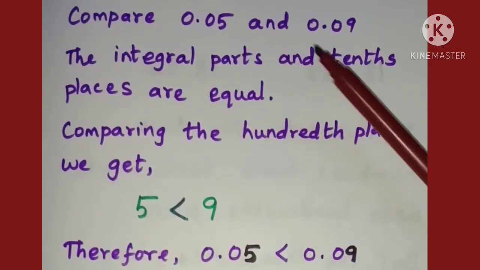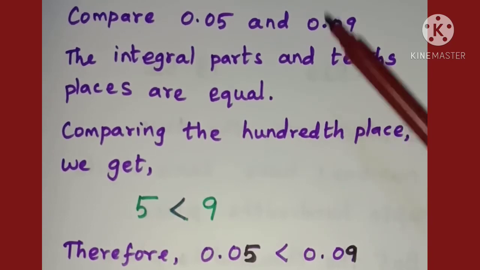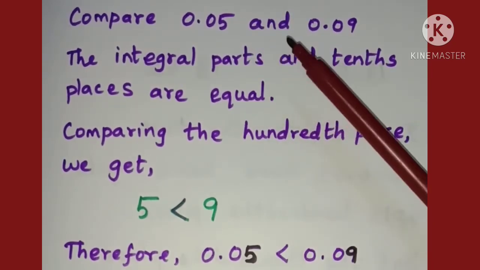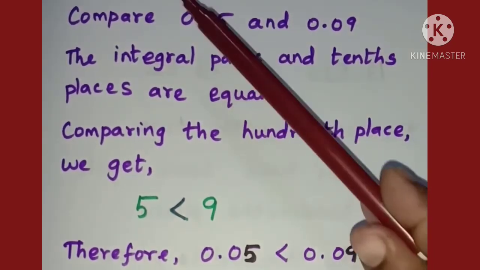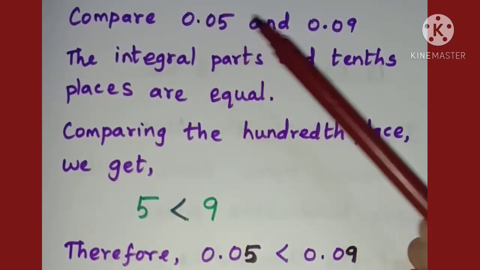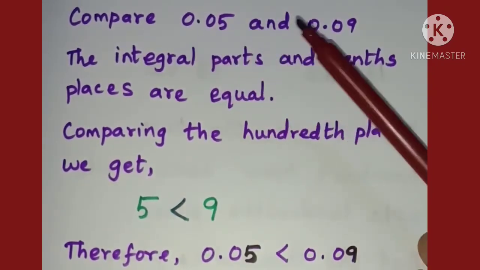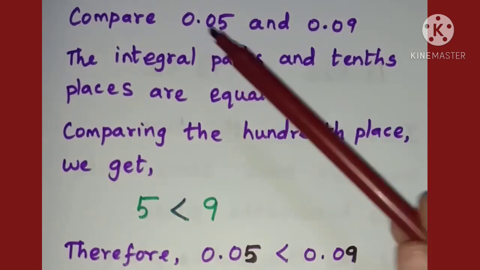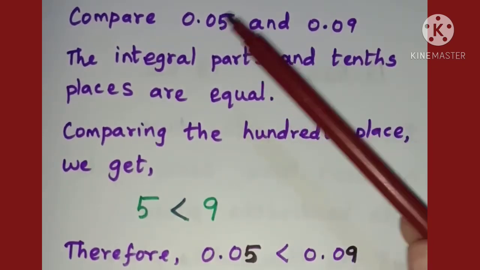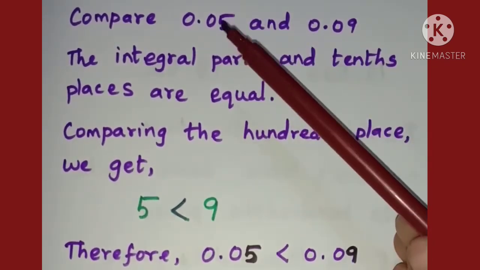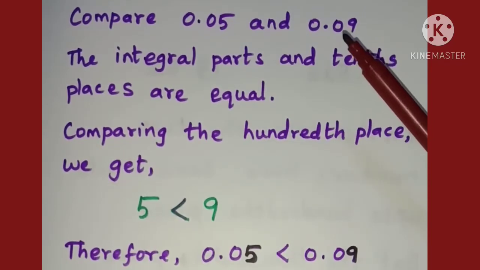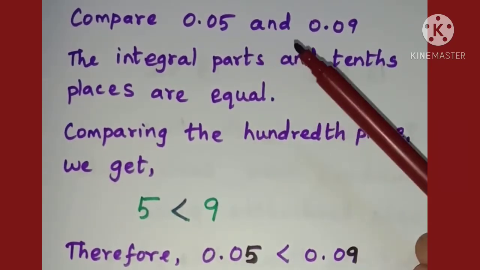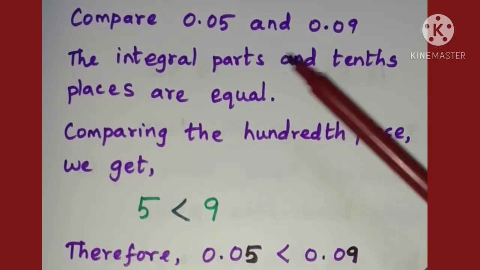Now students, compare these two decimal numbers. Here the integral part, or the whole part, in both decimal numbers is 0, so it is equal. And also the 10th place in the first number is 0 and in the second number is 0. So the integral parts and 10th places are equal.